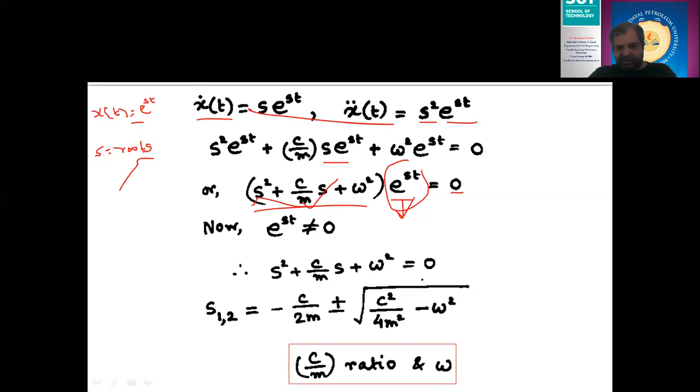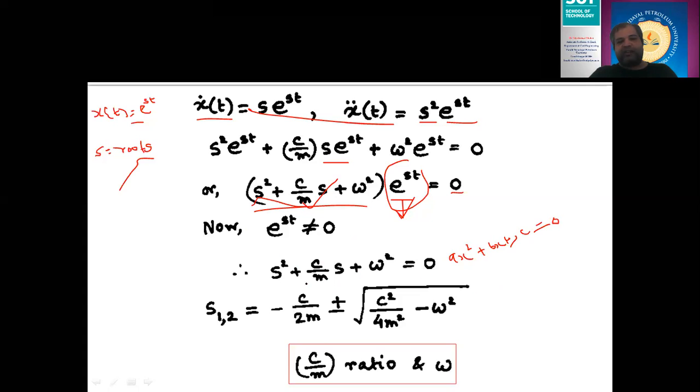Now you can say this equation is in the form of ax square plus bx plus c equal to 0. Can you see this? This equation is exactly like this, equal to 0.